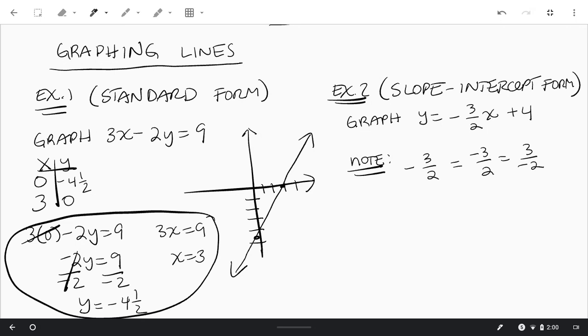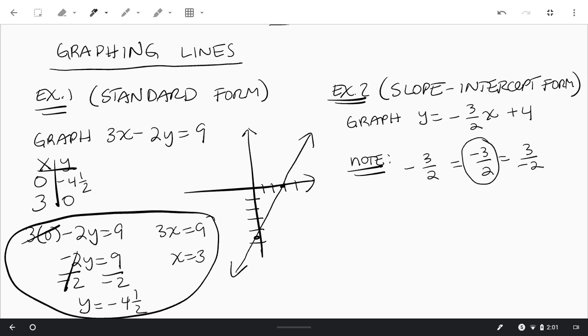So if you see it in the middle and you're trying to figure out, oh, is that my rise or is that my run? It doesn't matter. If you want to pick the rise, always move it up to the numerator, that's fine. If you want to move it to the denominator, that's fine. But you don't have two negatives. All right. So to keep things simple, let's use this one.